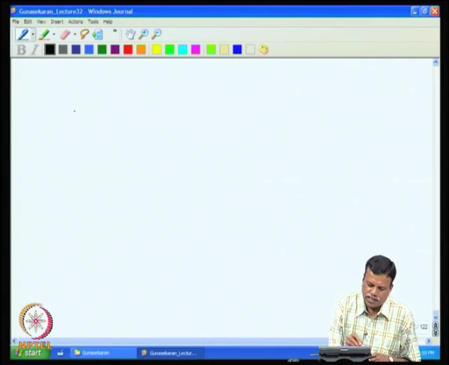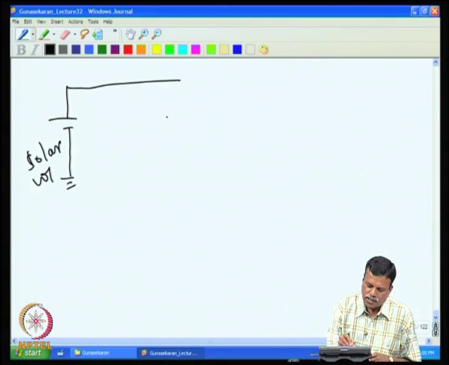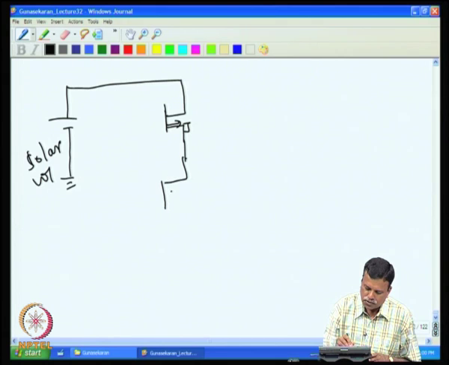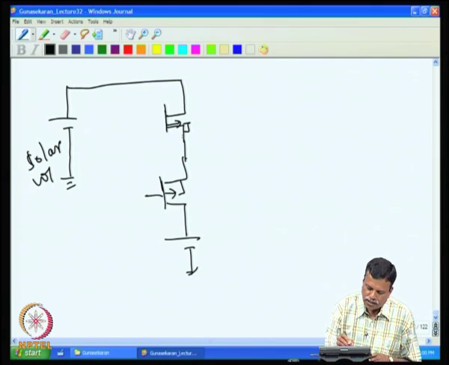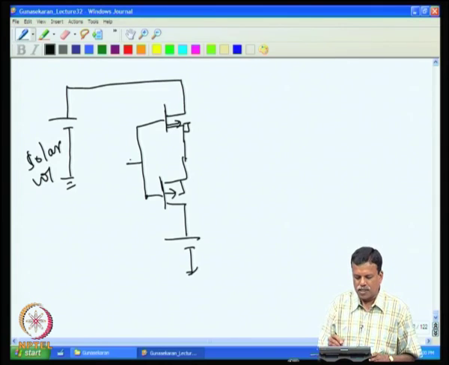For example, if you are charging the battery, this is the panel voltage, the solar voltage. Normally what is done is that we connect MOSFETs like this, normally two of them, and this side we connect to the battery, and the two gates are connected here.